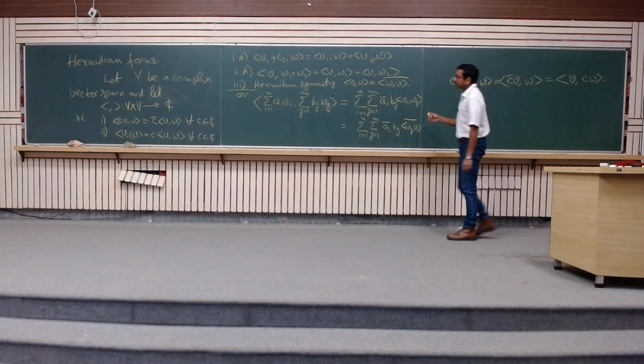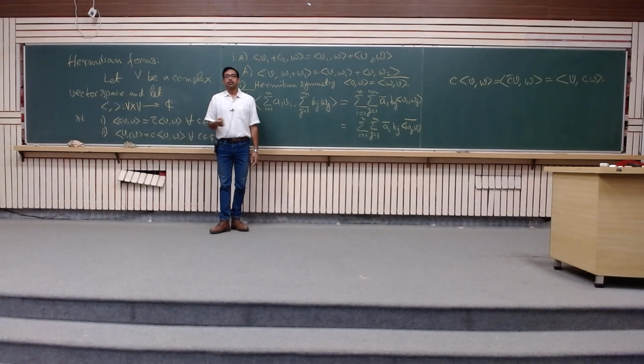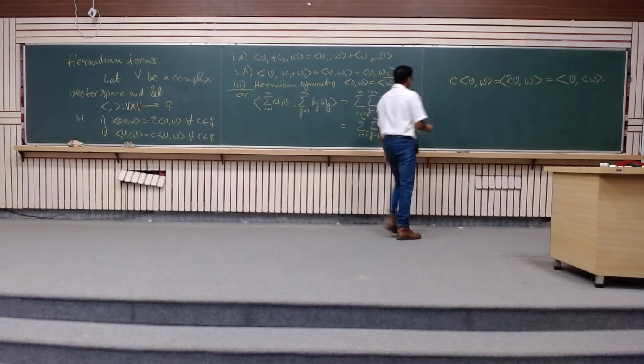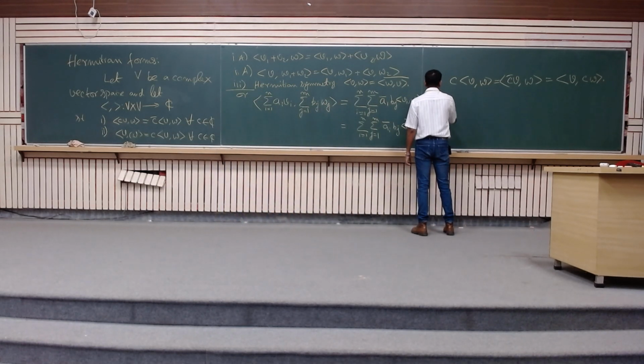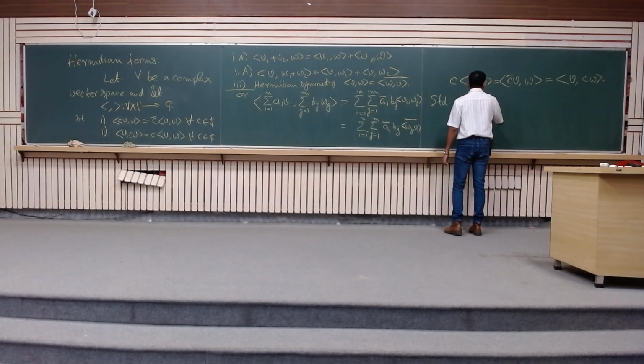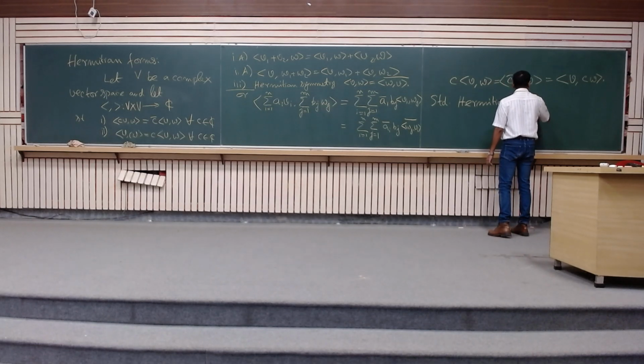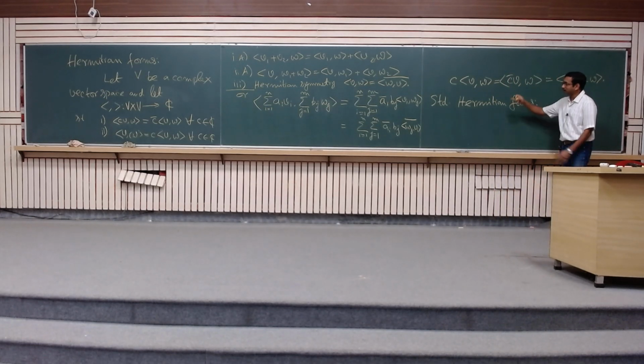So these are Hermitian forms, and then we must define what is the standard Hermitian form. That is our first example, the standard Hermitian form. This is just a particular vector space and a particular form.